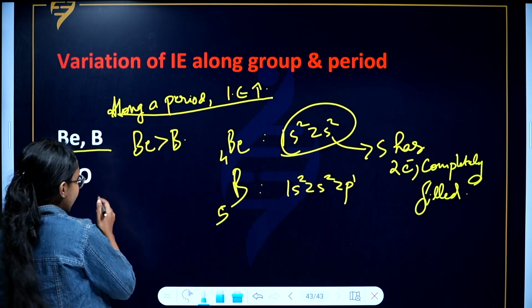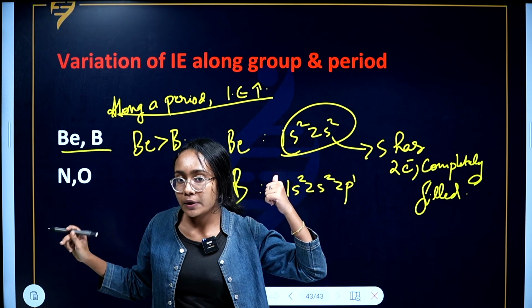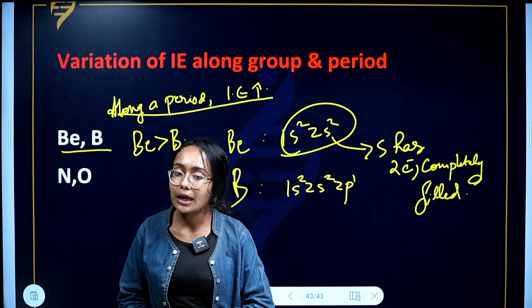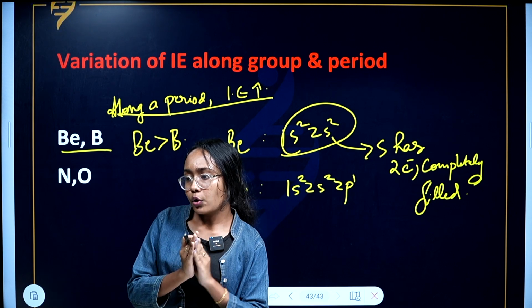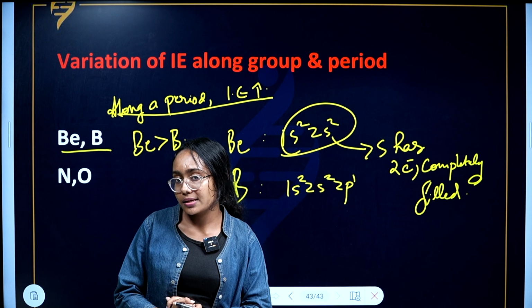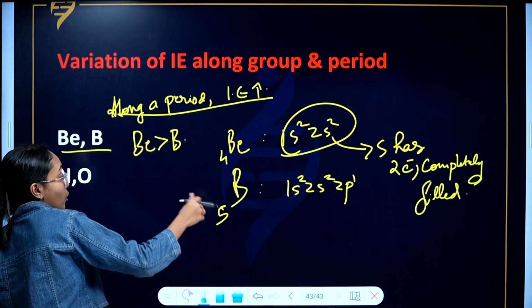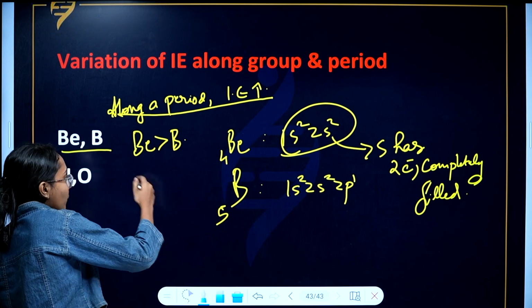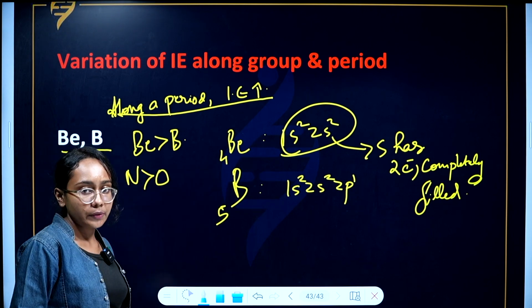Now coming to nitrogen and oxygen, it is expected as per the theory that oxygen has higher ionization enthalpy than nitrogen, because going from left to right along a period, atomic size decreases and ionization enthalpy increases. But here, similar to the above case, nitrogen has higher ionization enthalpy than oxygen.